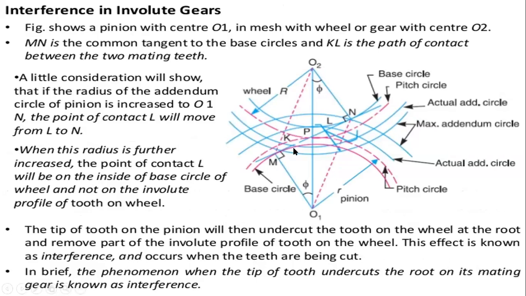This is the position of MN, the common tangent to the two gears. This is one gear and this is the second gear, which is meshing at the point P. P is the pitch point and KL is the path of contact, which has the tangent MN.